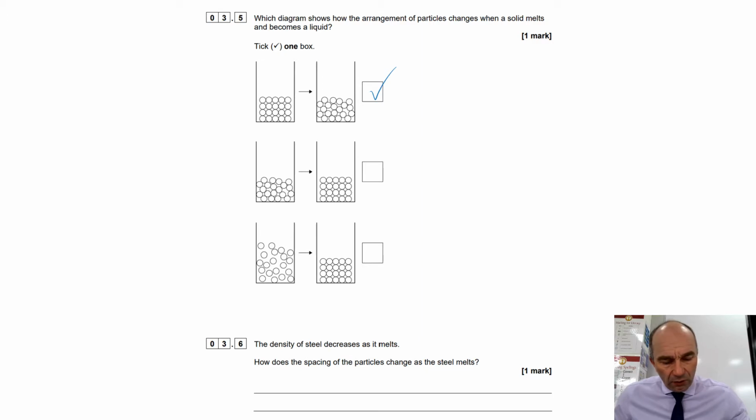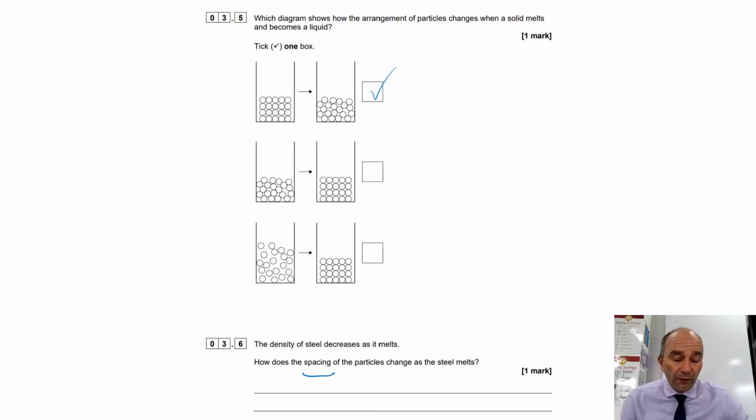3.6. The density of steel decreases as it melts. That's because we are getting our particles spreading out more. So how does the spacing of the particles change as the steel melts? In this case, it's important that you're actually answering the question. A lot of people in the 2023 exam, although they implied they knew what they were talking about, didn't get the mark because they need to be talking about the spacing.